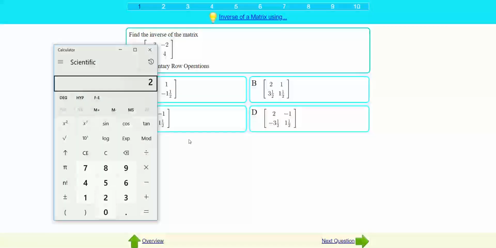So 2 divided by 3 is about 0.66, and 1 divided by 3 is 0.33, so that's -0.33.